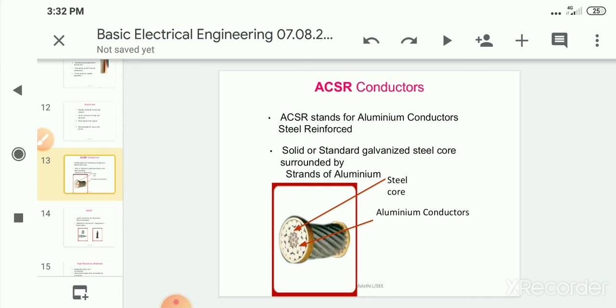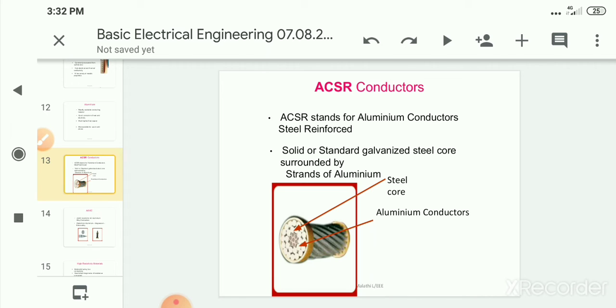Here, the steel conductors used are galvanized in order to prevent rusting and corrosion. Here you see, the steel core is in between, surrounded by the aluminum conductor. It is generally in the ratio of 1:6, but it can be modified to 1:4 to get more tensile strength.